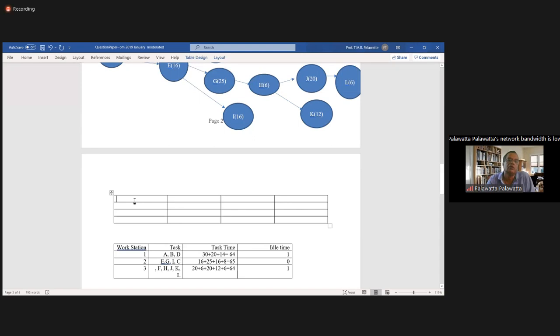So then let's say workstation, task, task type.